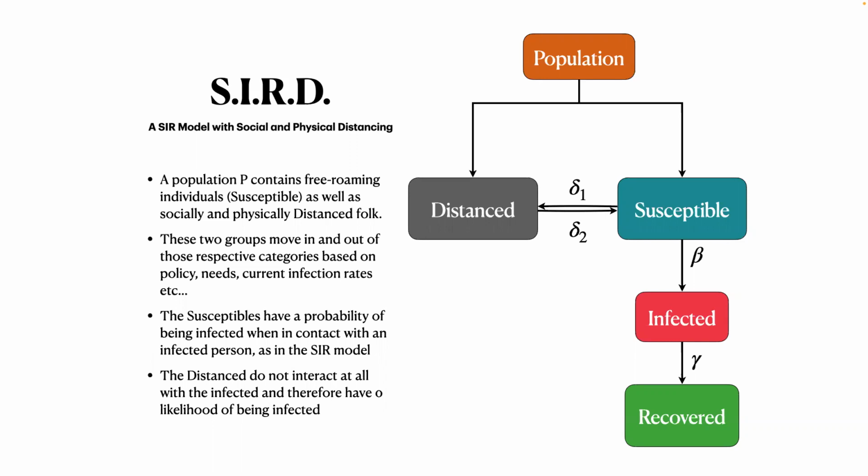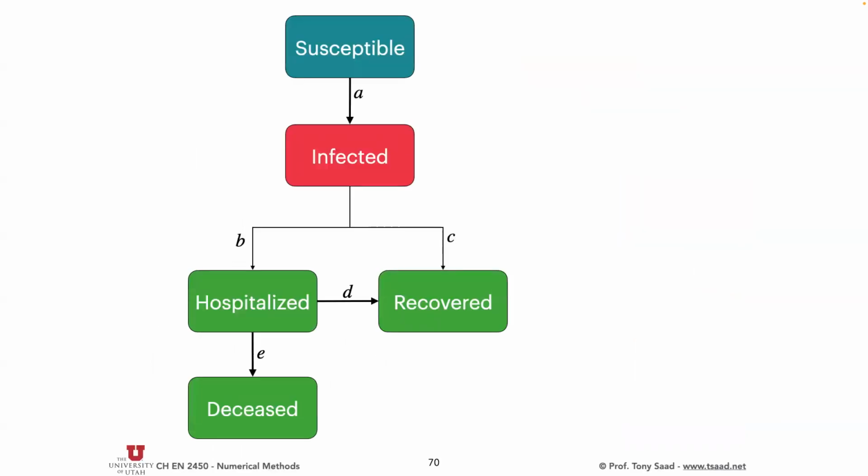If you come up with equations for this, I will reward you, and you do email me. Another model you could add is infected going to hospitalized, then recovered, then deceased.